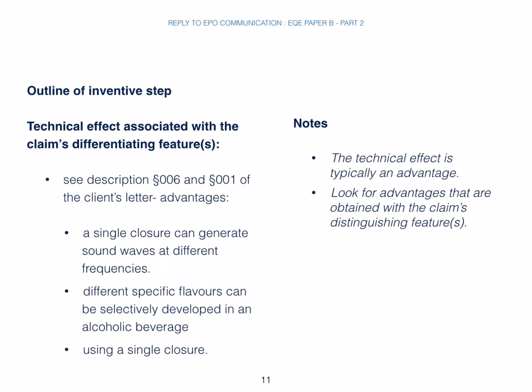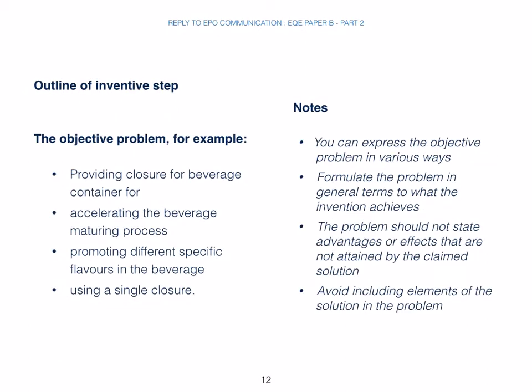The statement of the technical effect is going to serve as a basis for setting up the objective technical problem, which is the next step. You can express the objective problem in various ways. You can formulate the problem in general terms to what the invention achieves.